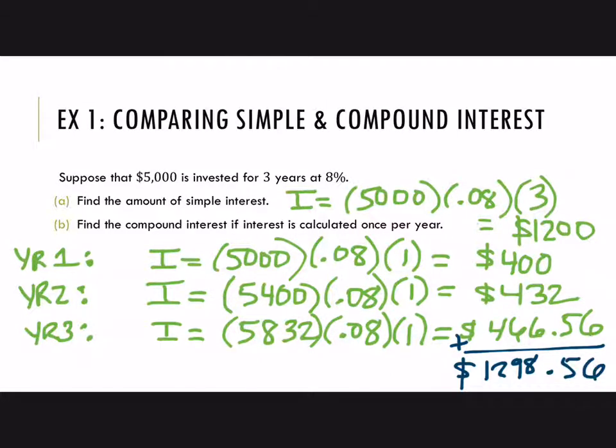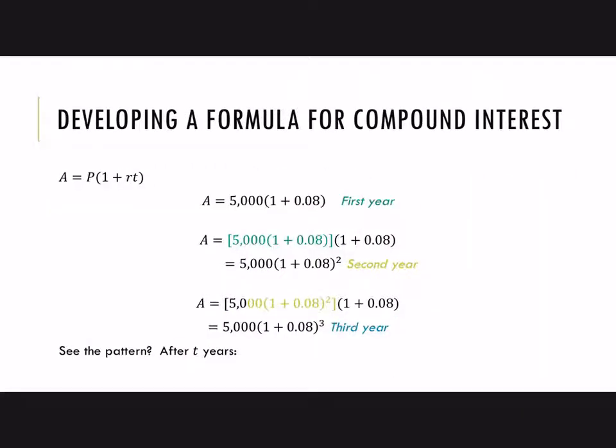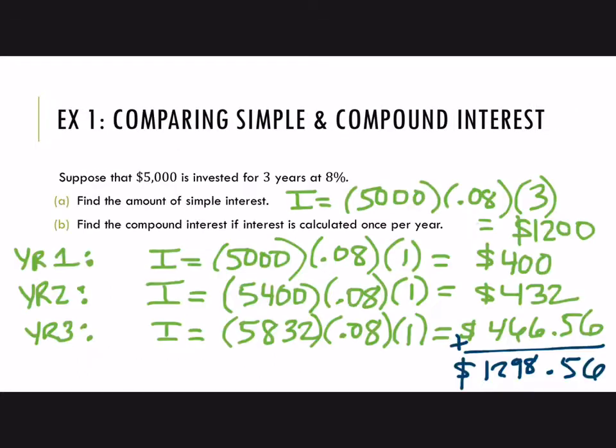So you can see that it is a bit more with compound interest. Now let's look at how we would develop a formula for compound interest, because imagine if the time period had been 10 years instead of 3, we would have had to repeat this process 10 times in order to find the amount of interest. There was no way to just directly calculate it.